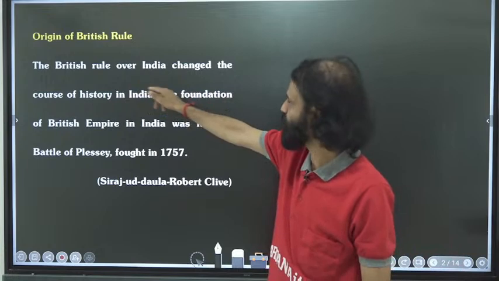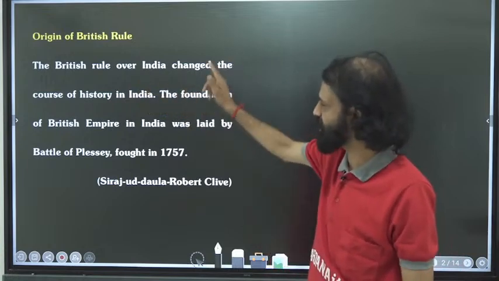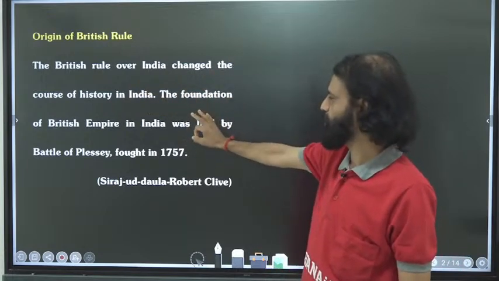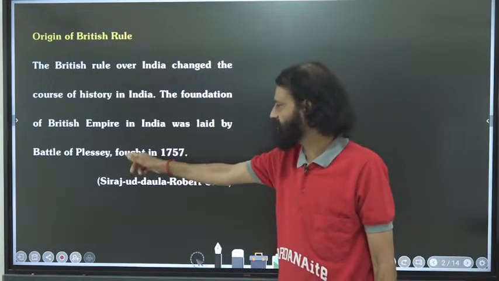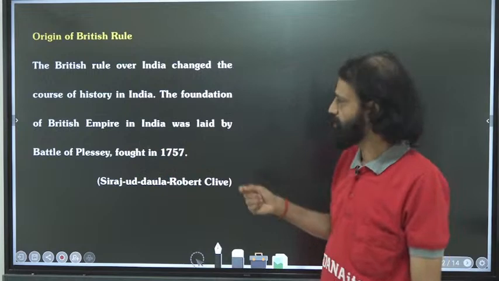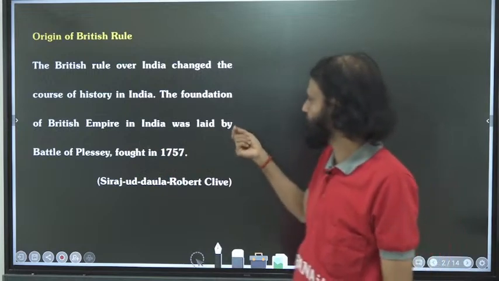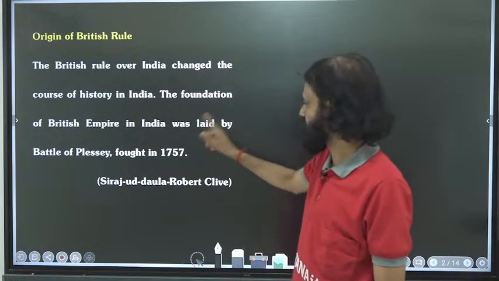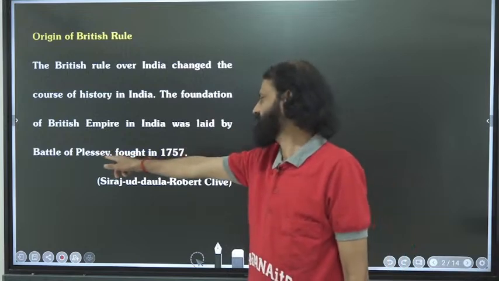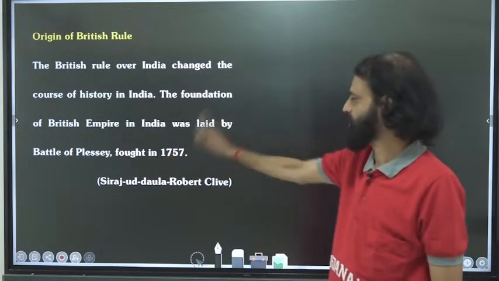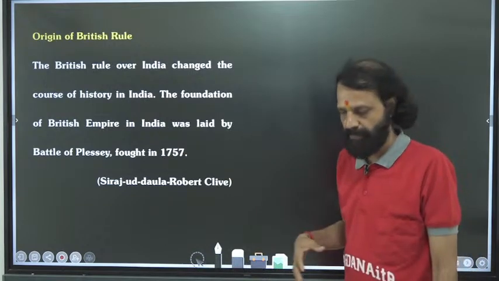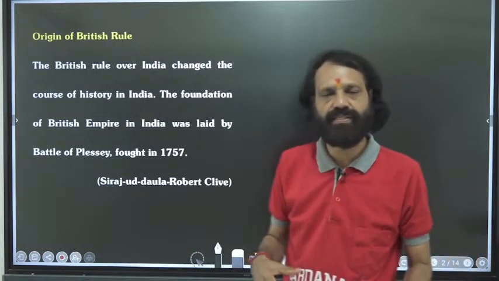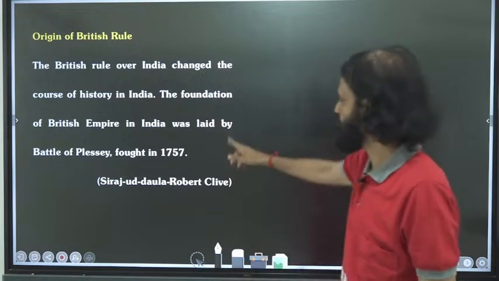The British rule over India changed the course of Indian history. The foundation of the British Empire in India was laid by the Battle of Plassey, which brought Britishers' rule to our country. That was the Plassey War, 1757. After this war, Britishers got control of India.